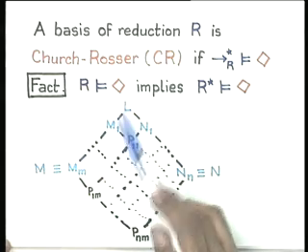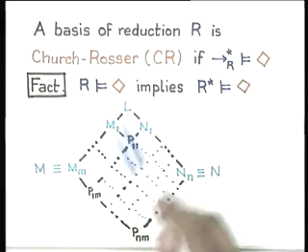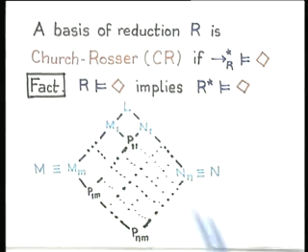So L m2 is in R square, L m3 is in R cubed, L m4 is in R raised to 4, and so on and so forth, and L m is in R raised to m.